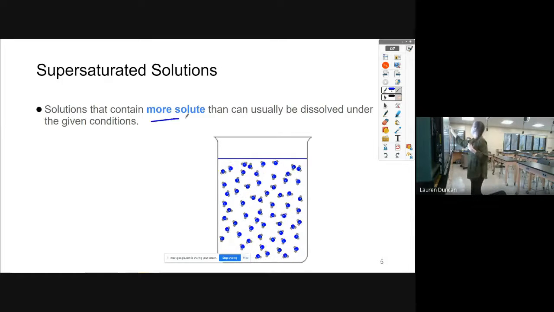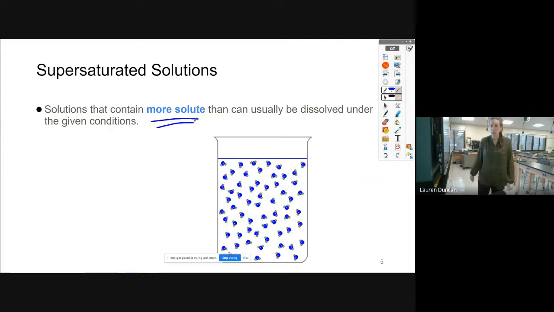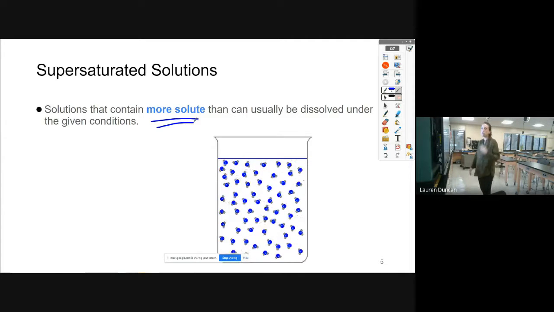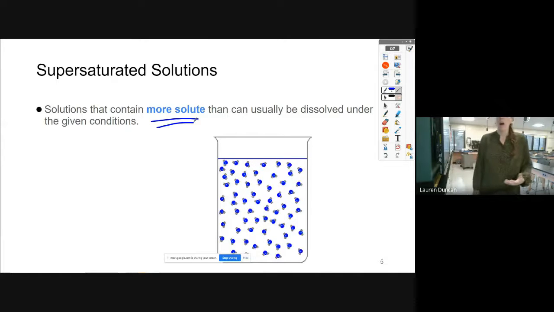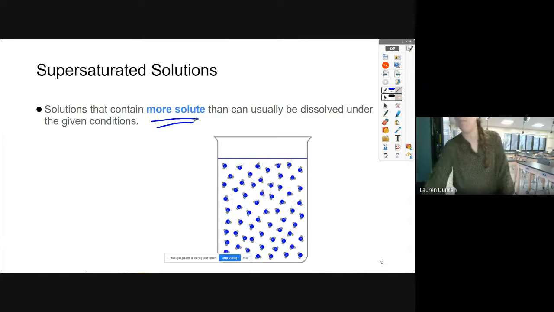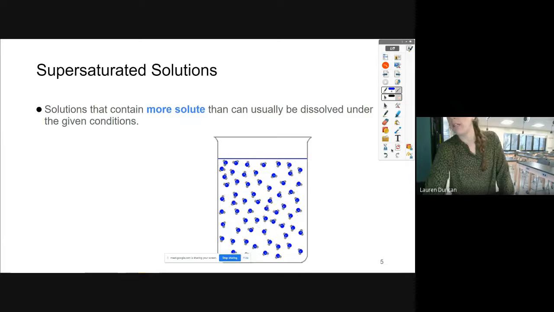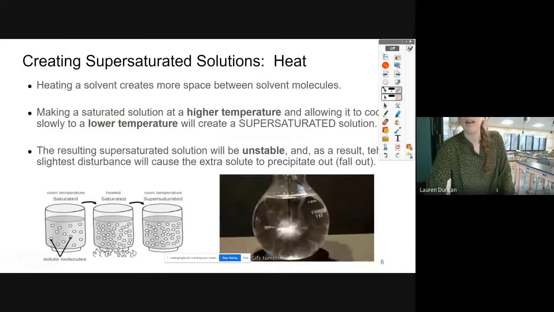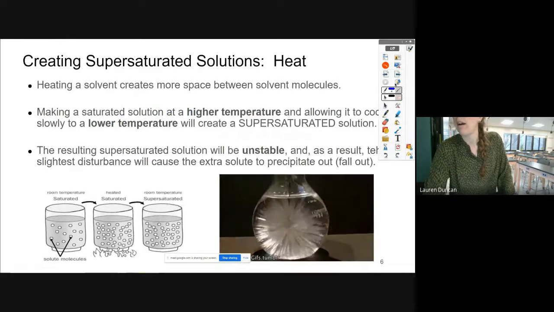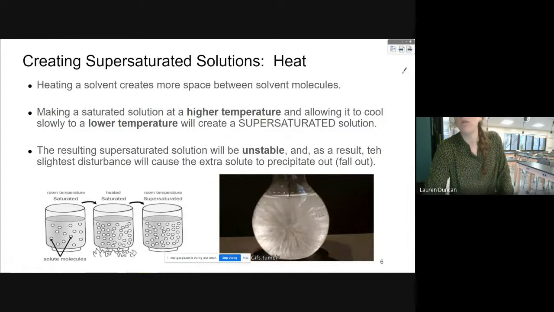They contain more solute dissolved in the solvent than can usually be dissolved under the given conditions. Probably the biggest way to do this, if you wanted to do it at home, is to use heat.